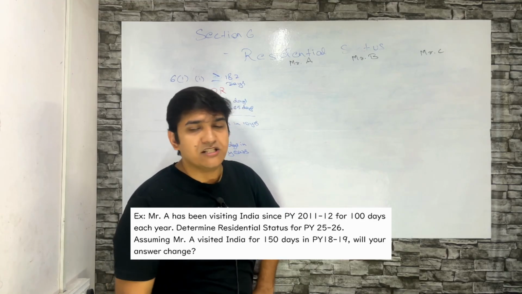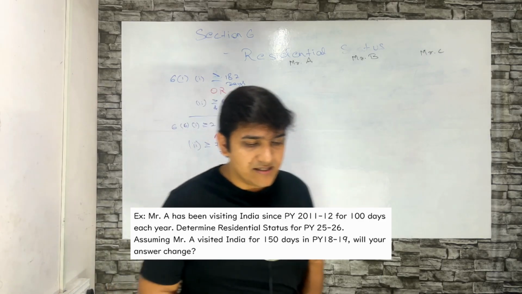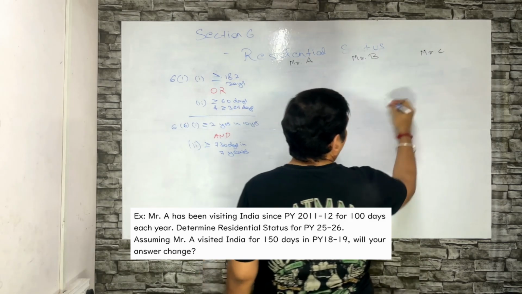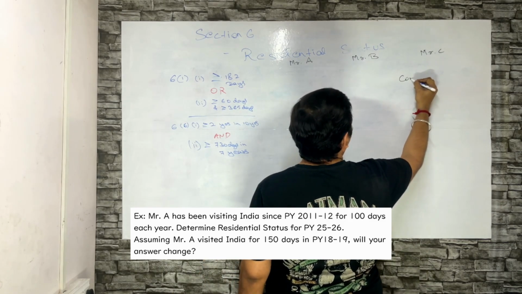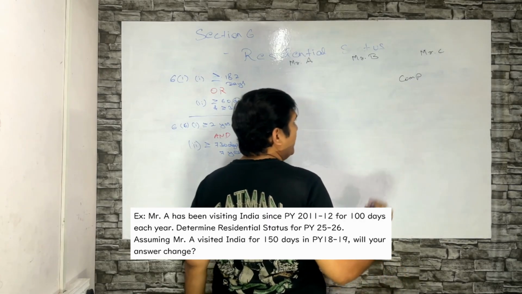Determine residential status for previous year 25-26. I'll use this for computation as of now, and I'll clean this later. So if you want to note down, you can do it right away.